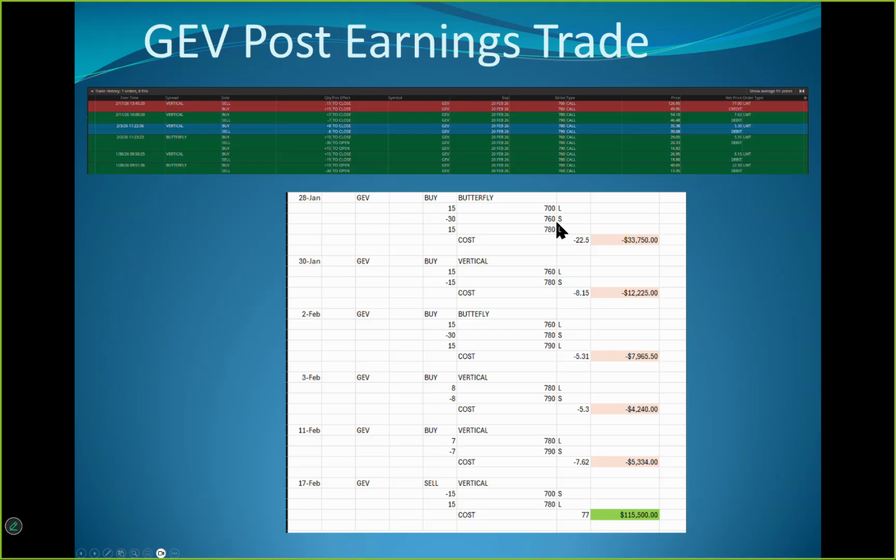If you look at the strikes, I had a potential $60 return on the long call spread and a minus $20 return on the short call spread. So best case scenario, if I did nothing, I would have paid $22.50 for the spread, and I would have kept $40 at exit if I didn't manage the trade and I finished above $780.